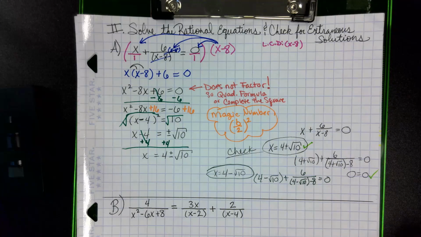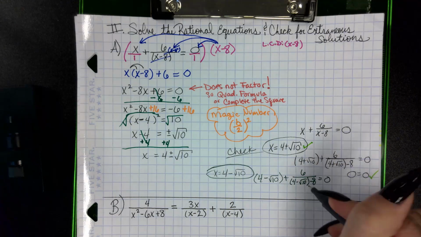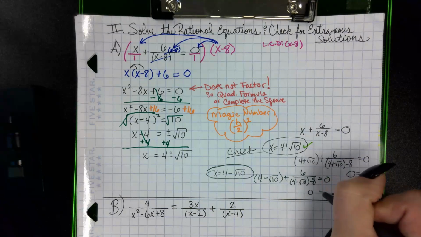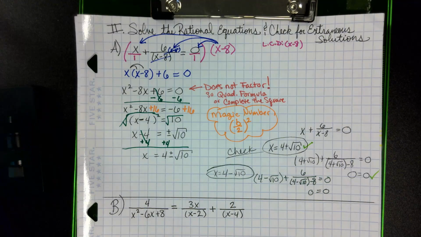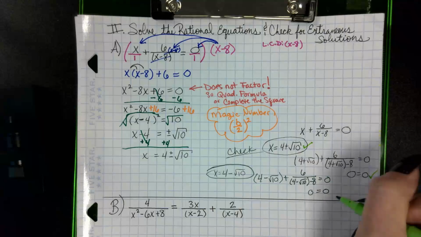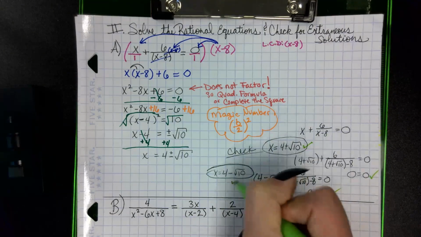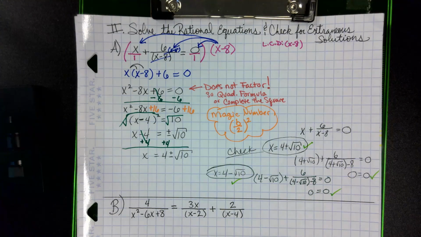Very carefully put it in your calculator with parentheses and everything in the right spot. You'll get 0 equals 0. So yes, that one works also. So this one checked.